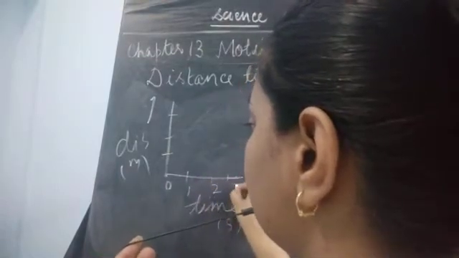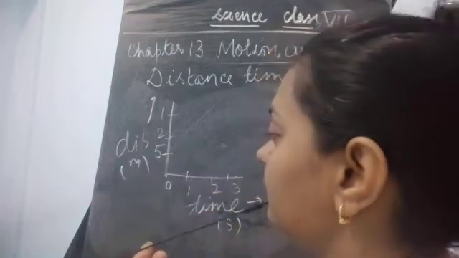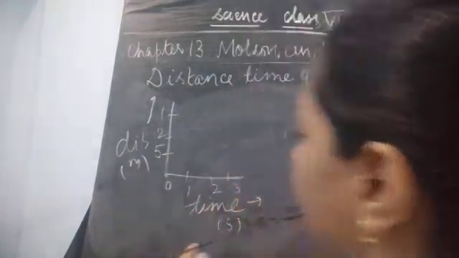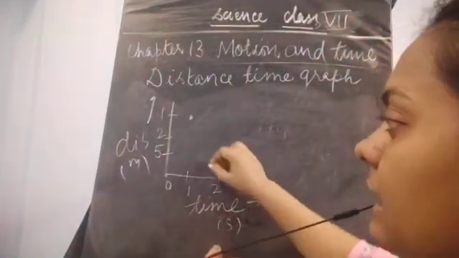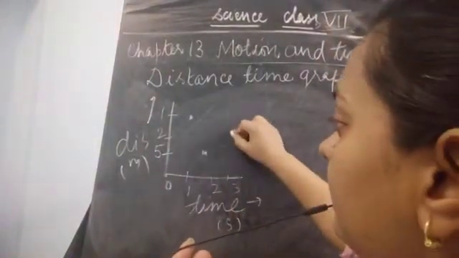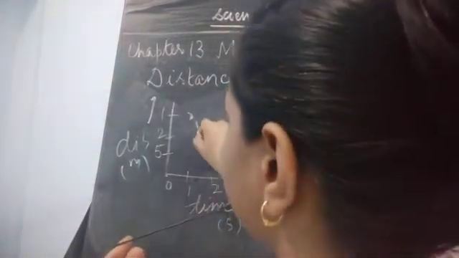For example, 1, 5, 2. In 1 second, the distance traveled was about 1 meter. Then in 2 seconds it was 5 meters, and in 3 seconds it was 2 meters. So if we draw this graph, it becomes like this.